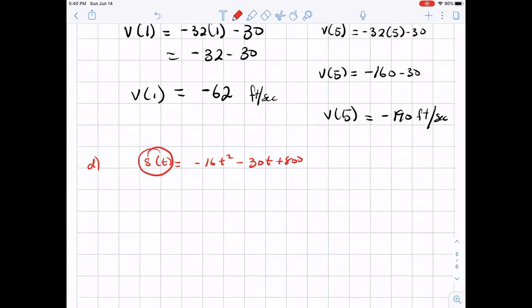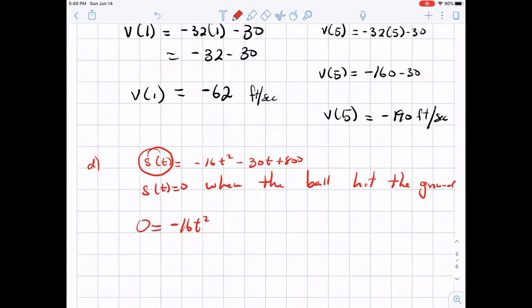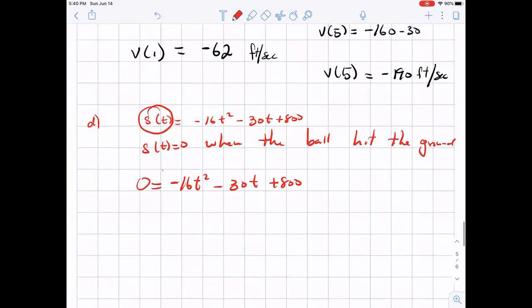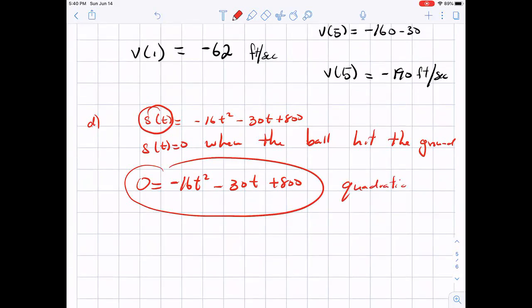Because the ball reached the ground, S of t is equal to 0 when the ball hits the ground. So 0 is equal to minus 16t squared minus 30t plus 800. Now this is a quadratic.